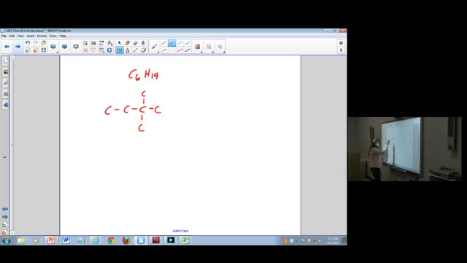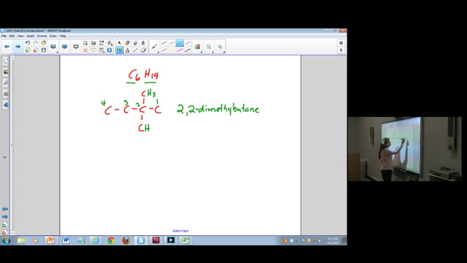I would number this 1, 2, 3, 4, and these are going to be substituents. When you put in all the hydrogens, you'll see that this has 14 hydrogens, and you would name this again 2,2-dimethylbutane. So I didn't really get anywhere by changing that.